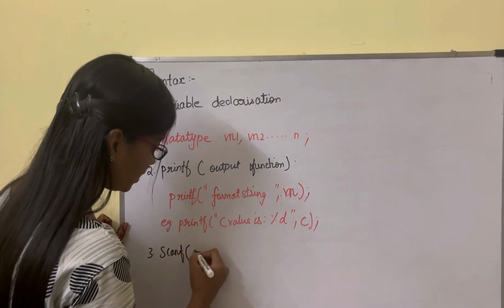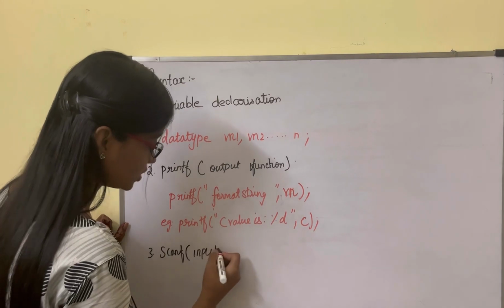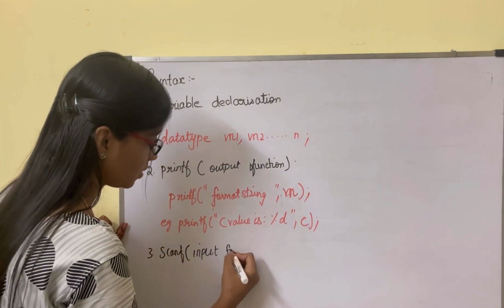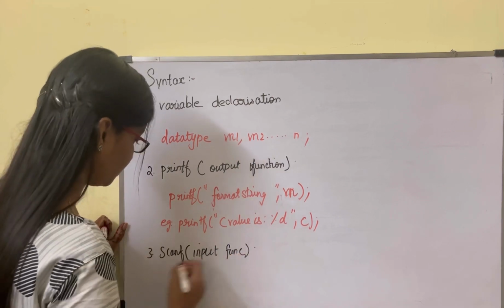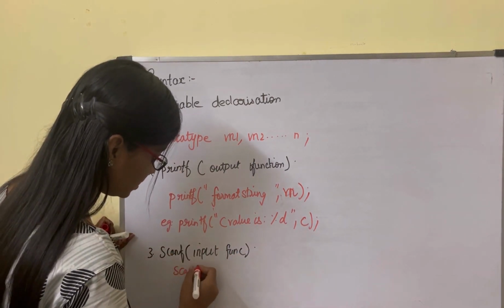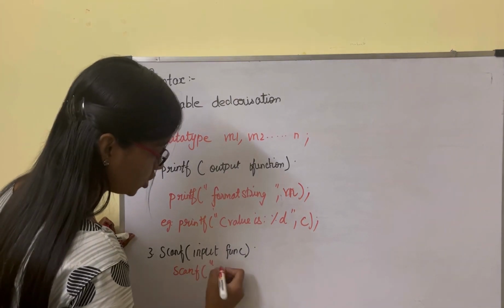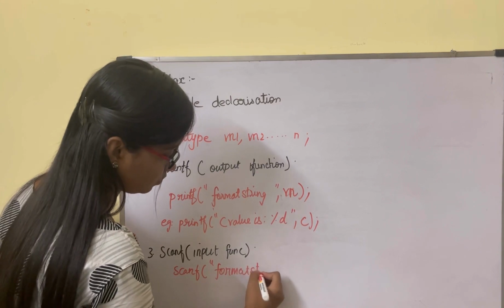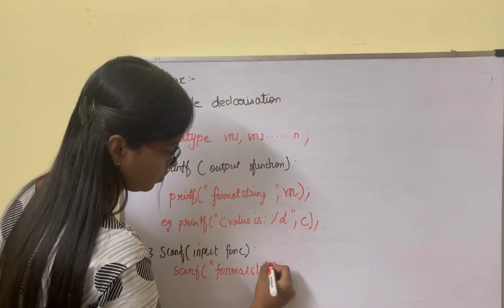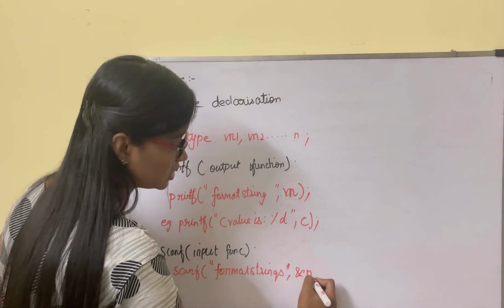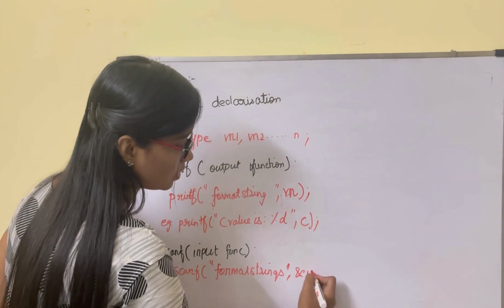Then for scanf, it is an input function. It is going to scan our inputs and store them in the memory space. So I am going to give it as scanf, double quotes, format strings. Then ampersand, memory space name or variable names.